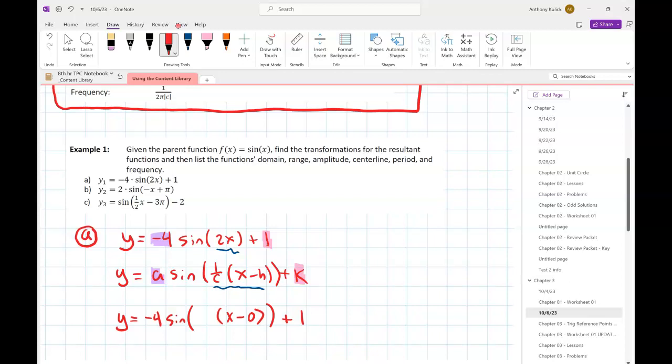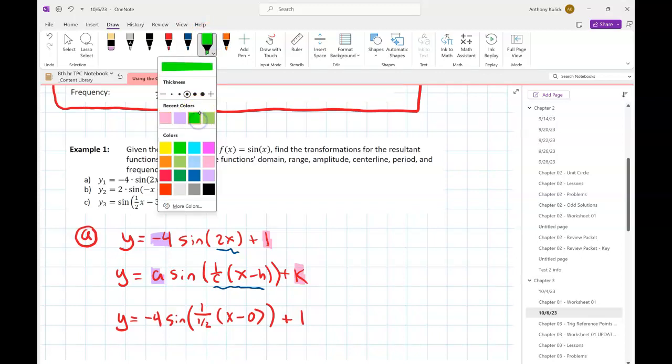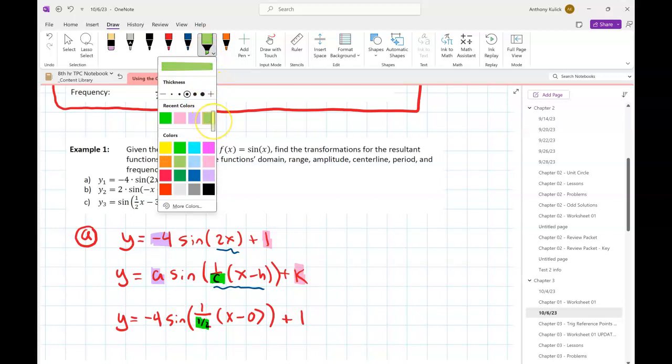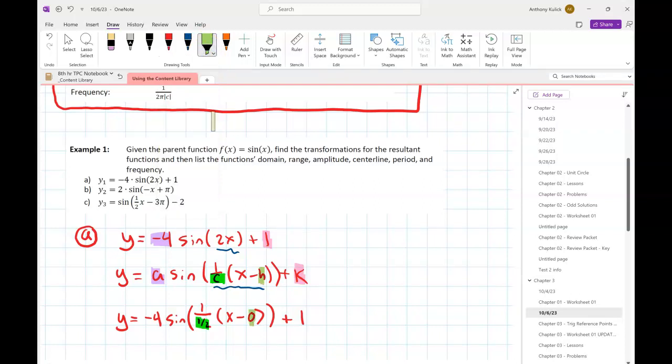Because I know that 1 over 1/2 is the reciprocal of the reciprocal, which is the same as doing nothing at all. So the reciprocal of the reciprocal of 2 is just 2. So 1 over 1/2 is the same as 2. So now it should be quite clear that my C is 1/2 and my H is 0.